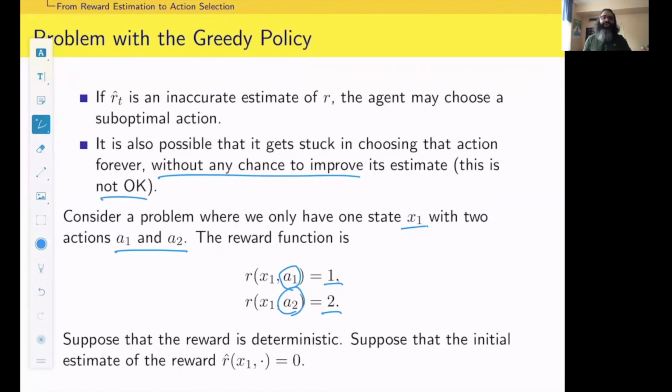Suppose the reward is deterministic, so the reward distribution always returns 1 or 2 depending on the choice of action. And suppose the initial estimate of reward, R hat, at state x1 is equal to 0 for both actions. Is this setup clear?